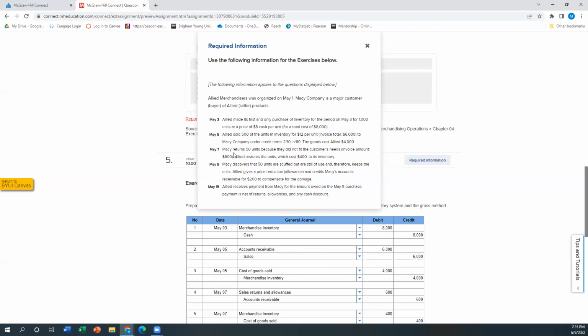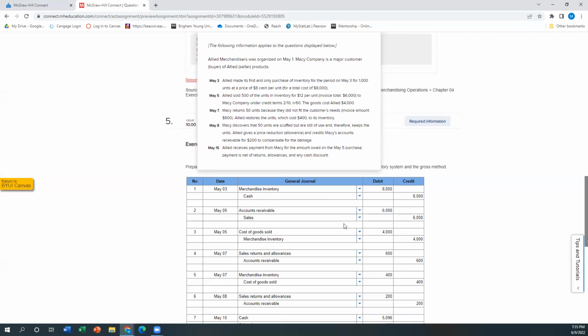On May 7th, Macy returns 50 units because they did not fit the customer's needs. Allied restores the units, which cost $400, to the inventory. So again, when we have a return like that, we have to do 2 entries. The first is we're going to debit sales returns and allowances, and then credit accounts receivable.